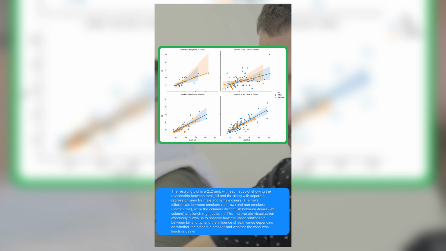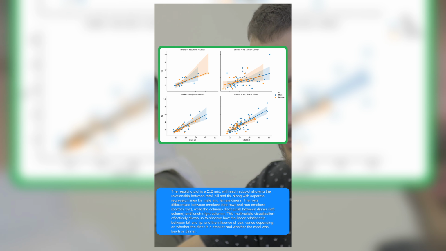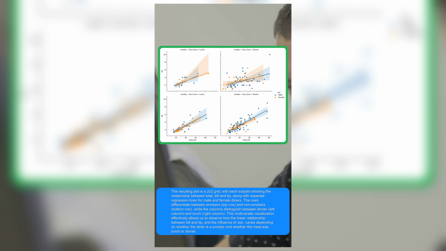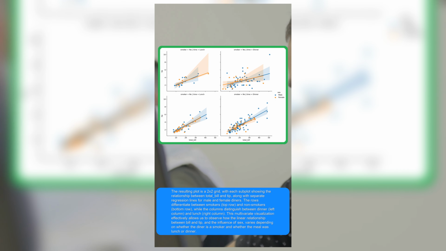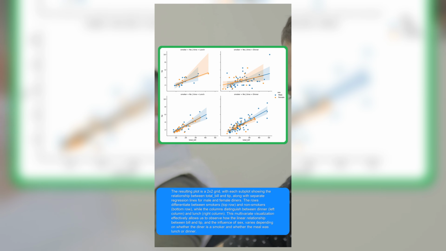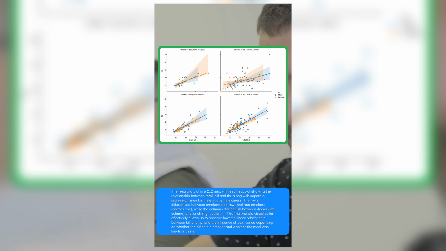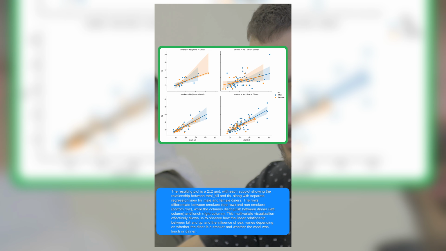This multivariate visualization effectively allows us to observe how the linear relationship between bill and tip, and the influence of sex, varies depending on whether the diner is a smoker and whether the meal was lunch or dinner.